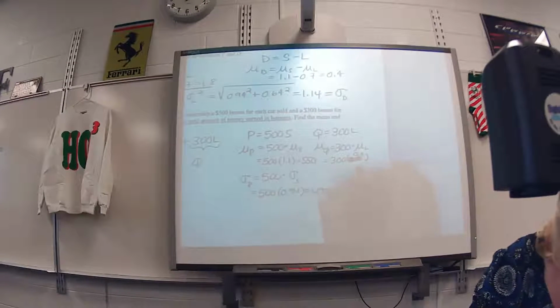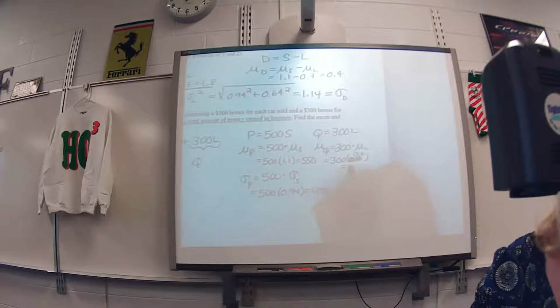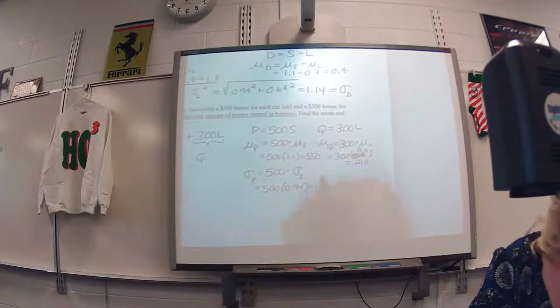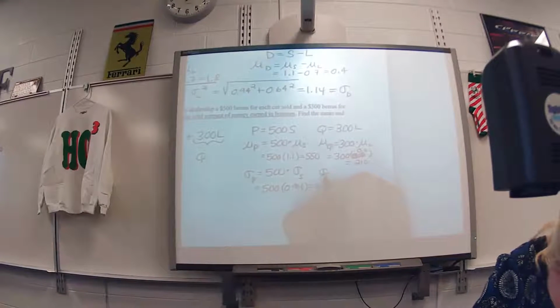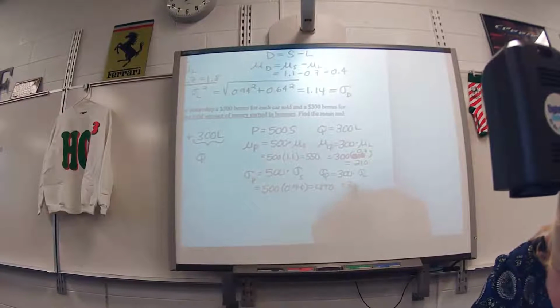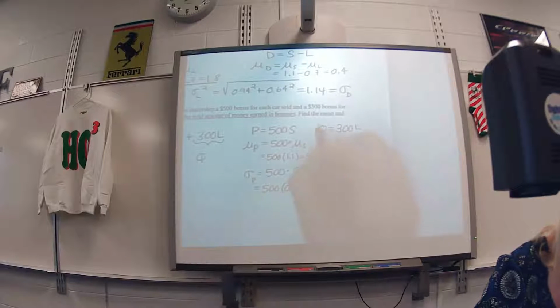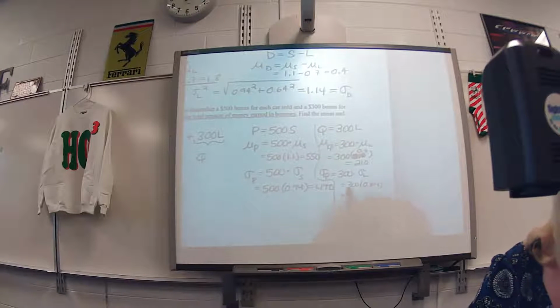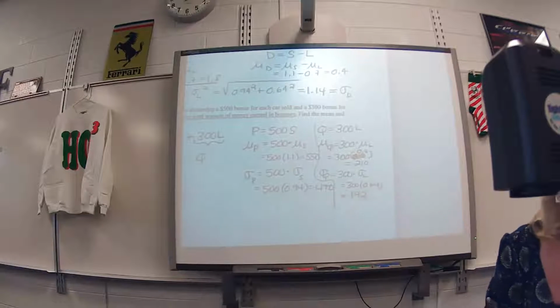And that comes out to be 210. And the sigma for Q is going to be 300 times the sigma for L, which was 300 times 0.64. And that comes out to be 192.